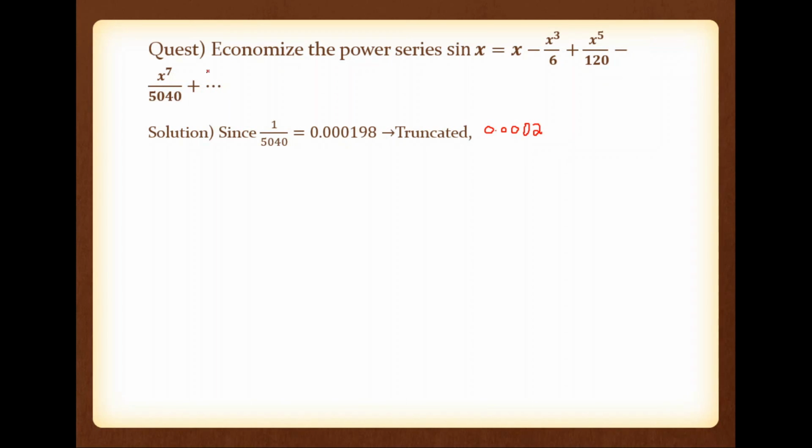Means if we are considering the next term, that is x raised to 9 divided by 9 factorial, definitely we can neglect that, because that 1 by 9 factorial will be 0 if you are using 4 significant digits. So we are considering up to this term, x raised to 7 only. We are not considering these remaining terms. We are considering these terms only. Okay.